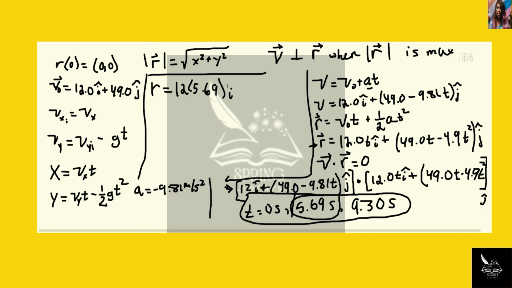That's in the i direction, plus the 49 times 5.69 minus 4.9 times 5.69 squared.